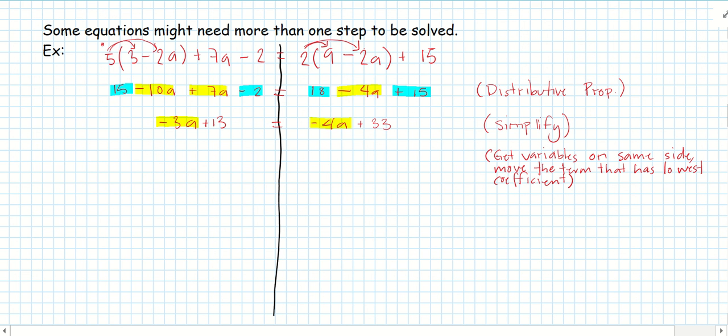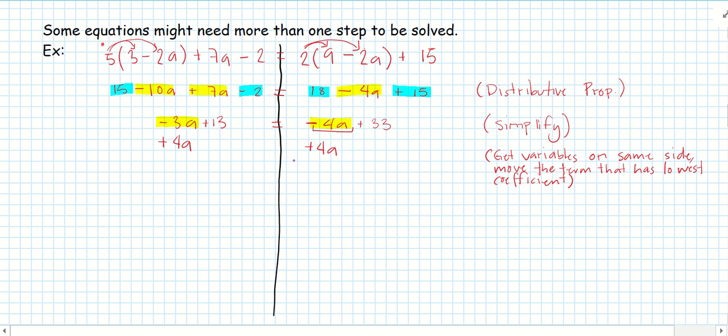Here I have a negative 3 on the left and a negative 4 on the right. Negative 4 is lower than negative 3, so I'm going to move the negative 4a to the left. How do I move it? I take the opposite. If this is a negative 4a, I add 4a on both sides. Remember, if we do it on one side, we do it on the other side as well.